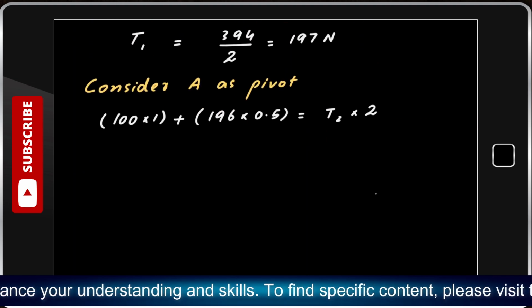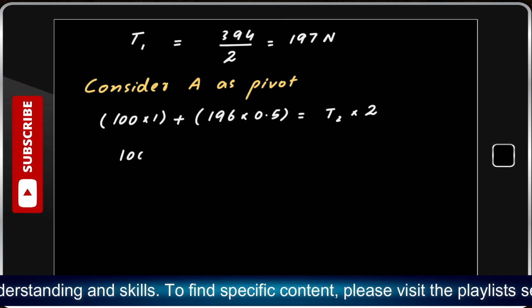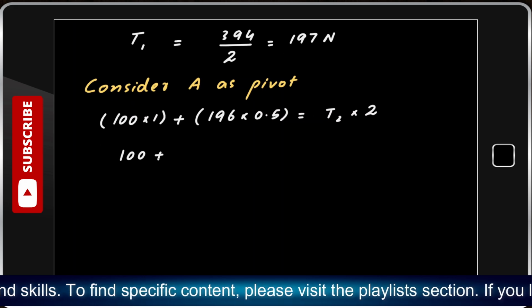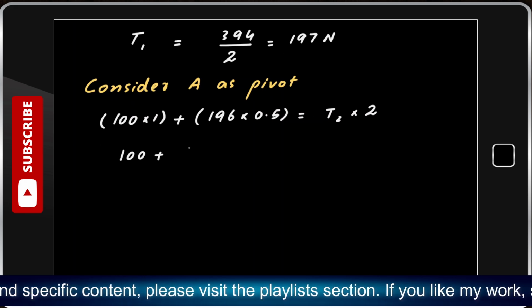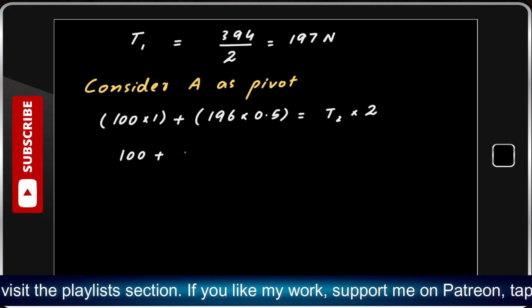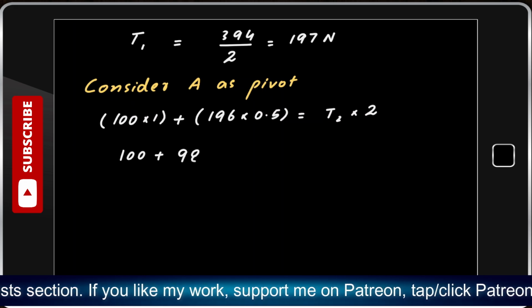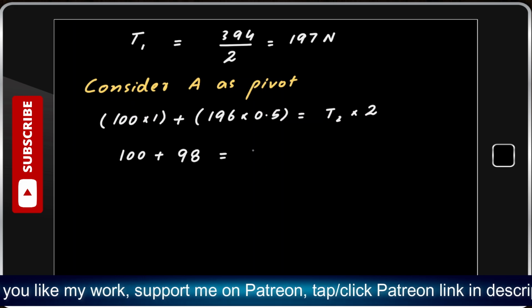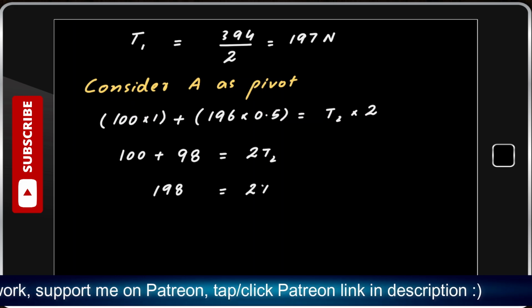Now we shall just simplify this expression. 100 plus half of 196, which is 98, equals 2T2.